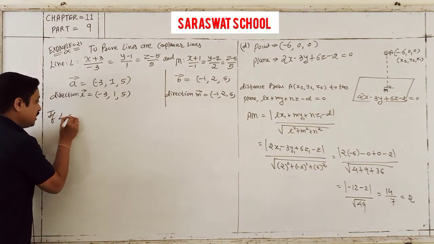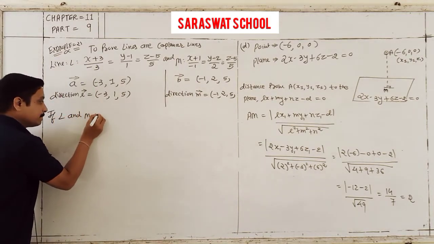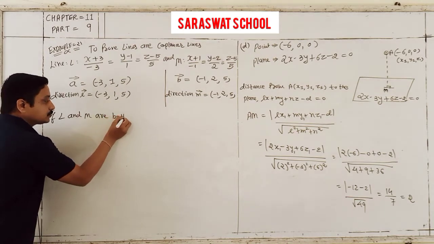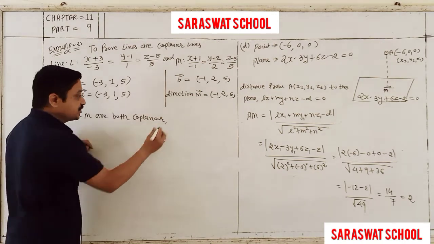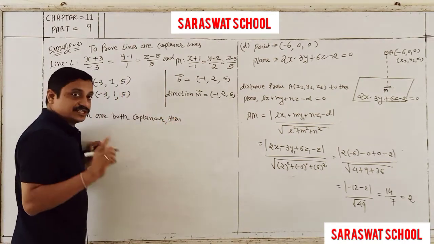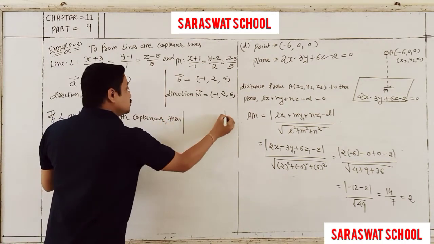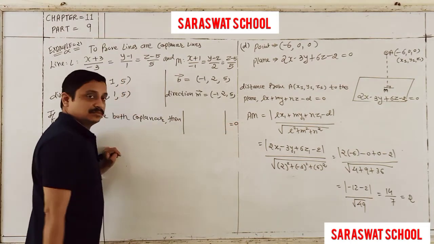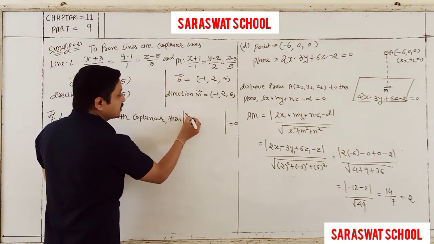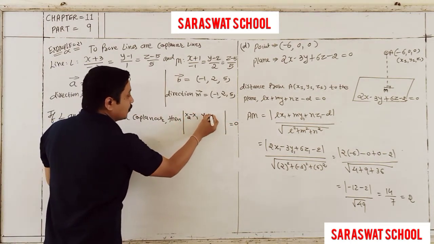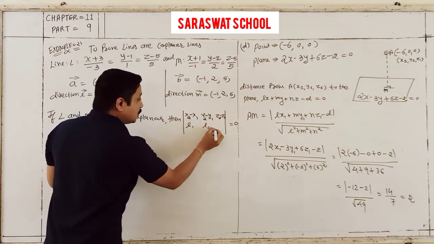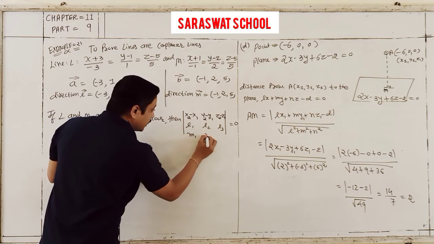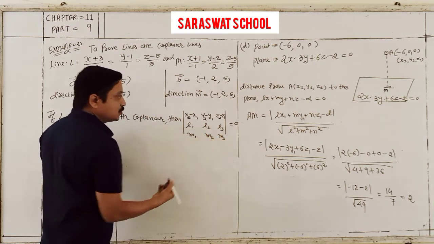If L and M are both coplanar, then we necessarily prove this value is equal to 0, and the value is the determinant x2 minus x1, y2 minus y1, z2 minus z1, l1 l2 l3 and m1 m2 m3.